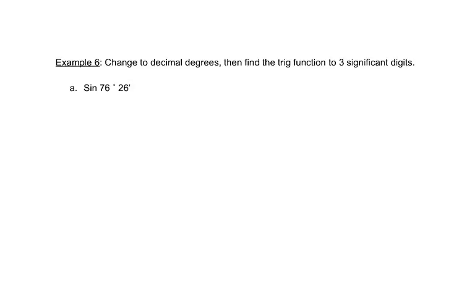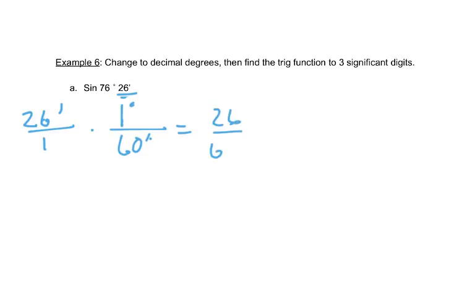So in this example, we need to change the degrees and minutes to just decimal degrees first. So we need to deal with this 26 minutes. And there's 60 minutes in 1 degree. So we multiply straight across, and we get 26 over 60 degrees.